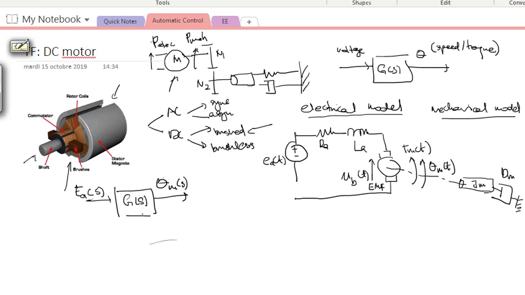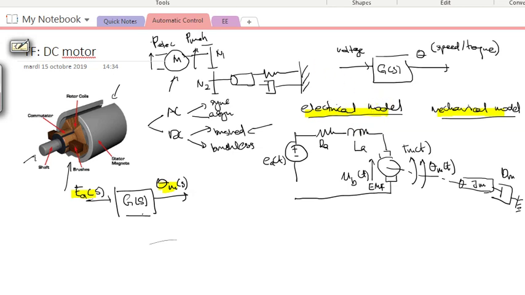Of course, later you will be able to find theta dot or theta double dot, but the basic form is theta m(s), right? So this is the transfer function that you want to find, and so we have to find the equation that relates theta m(s) and EA(s). That equation will come from the electrical model and mechanical model, as well as another model after this.